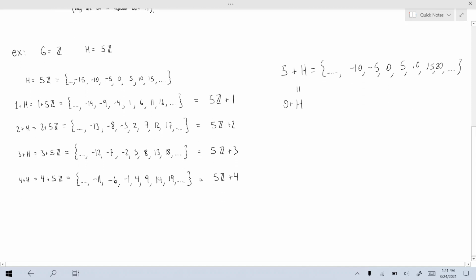Okay, so I'll just do a couple more examples. This may be worth noting real quickly before I do another example.